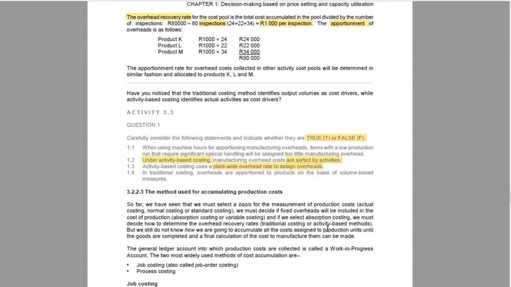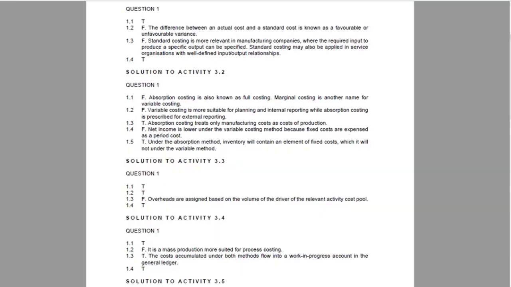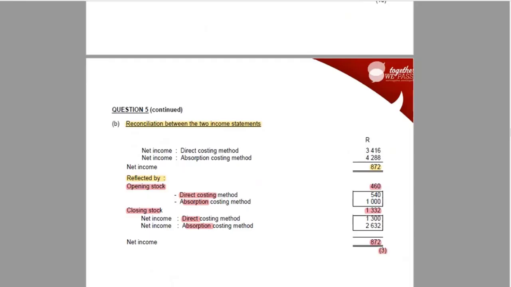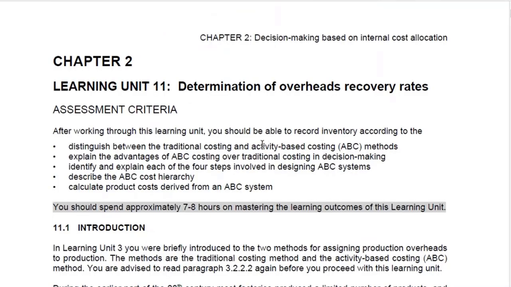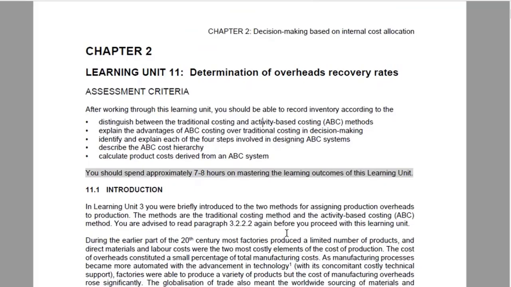We're just using volume or hours, which means we're not looking at the certain activities. Last question. Under traditional costing, overheads are apportioned to products based on volume-based measures. That's true. So that was a summary of ABC.